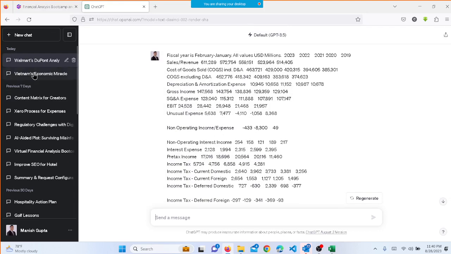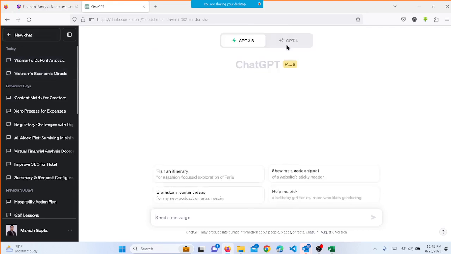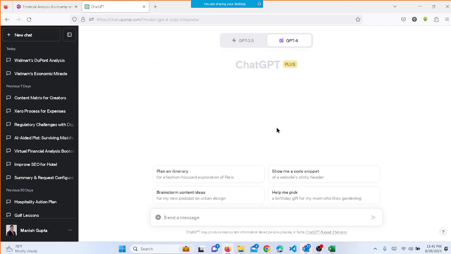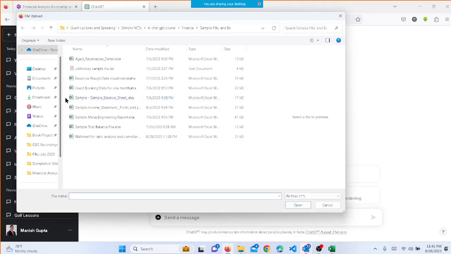Another option, if you are a paid subscriber, is to go into the GPT-4 code interpreter and upload the file that we have used.